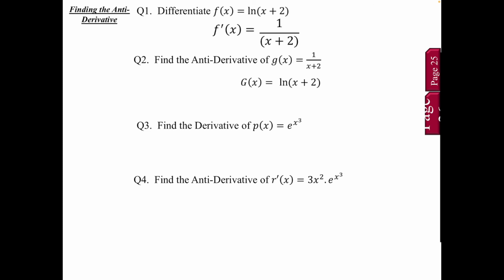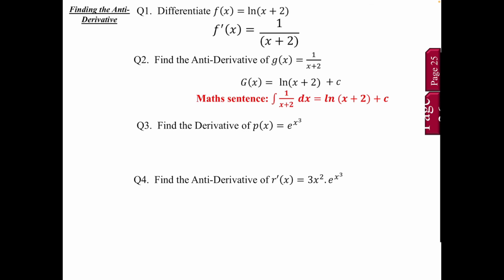This means that g of x equals ln x plus 2 plus c. In math sentence, this reads, the integral of 1 over x plus 2 dx gives ln of x plus 2 plus c.